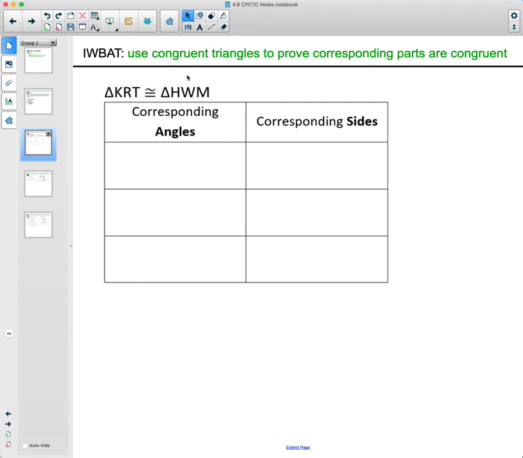So once you've written that two triangles are congruent and you've proven that, then you know all of these parts.